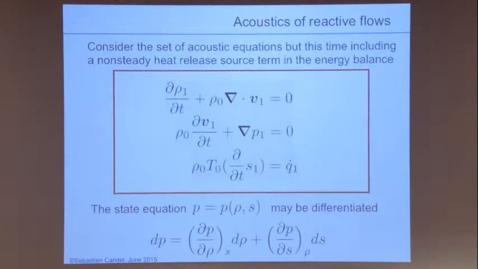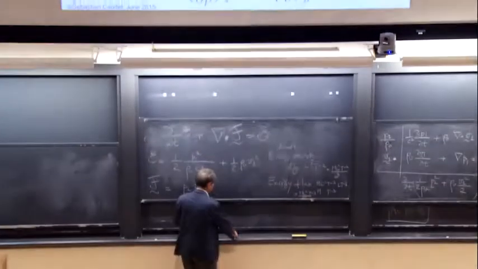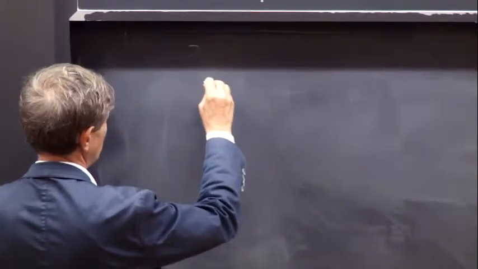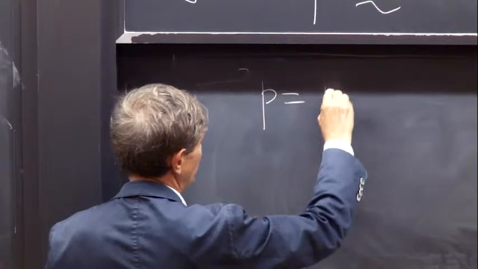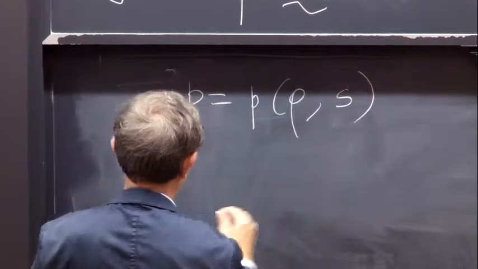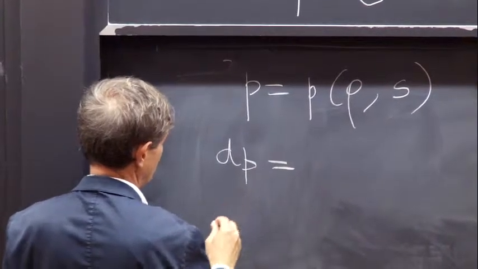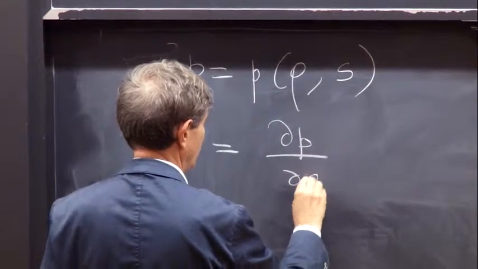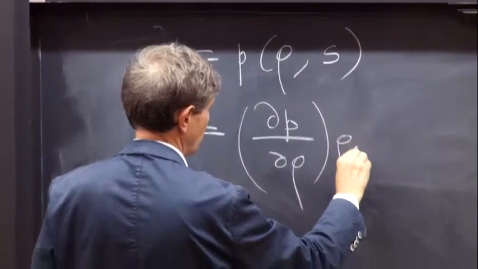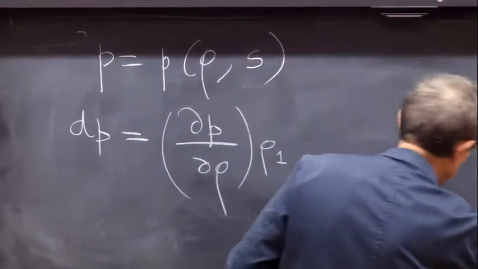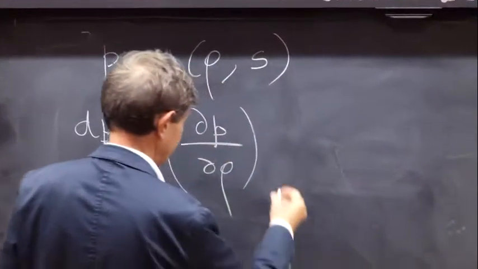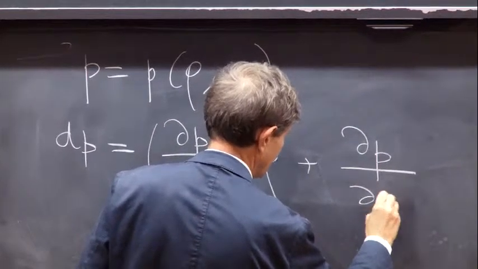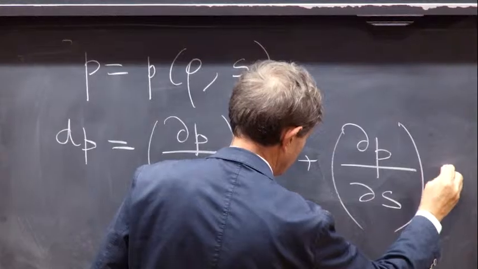The heat release is now fluctuating, and so we now have P equal to P of rho and S. And so dP, which is P1, will be a function of d rho, plus a function of S, dP by dS, times dS.